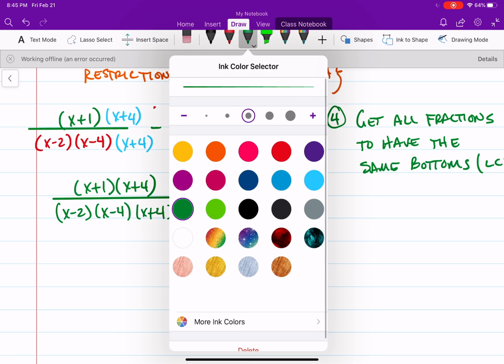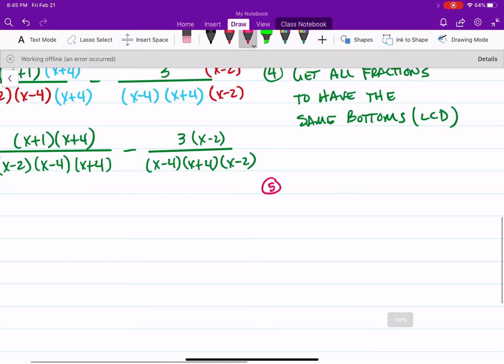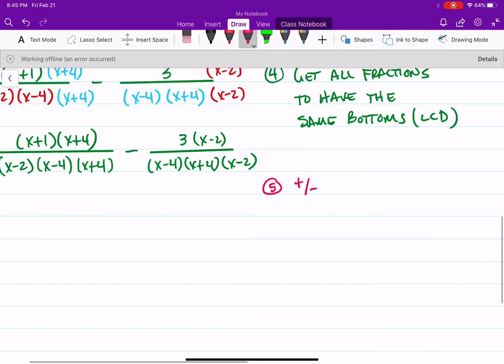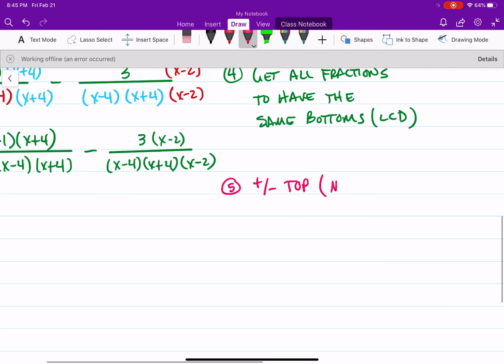So step 5, let's see here. Let's use that one. Why not? So step 5 is going to be add or subtract the top. And as a warning, may need to distribute.